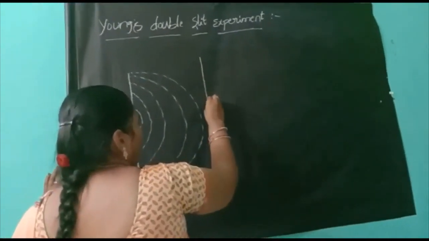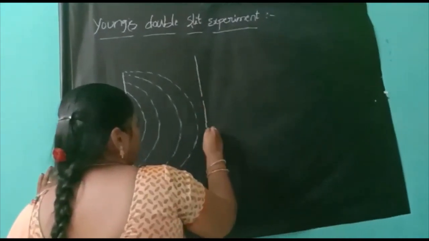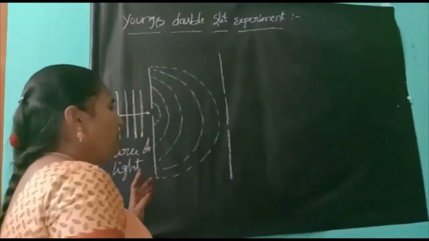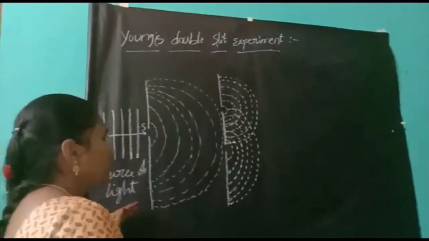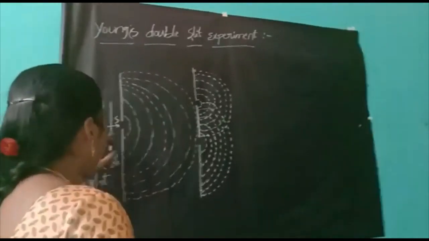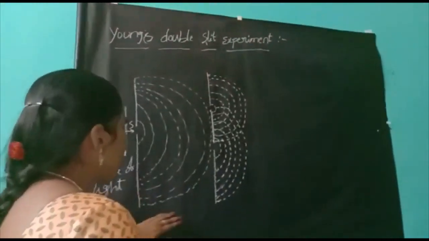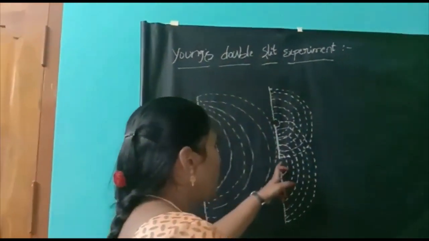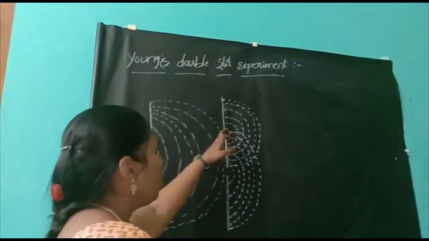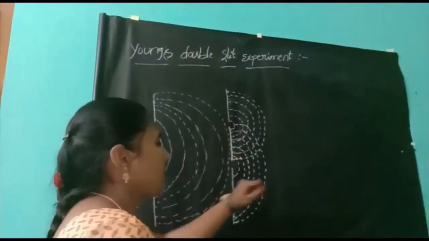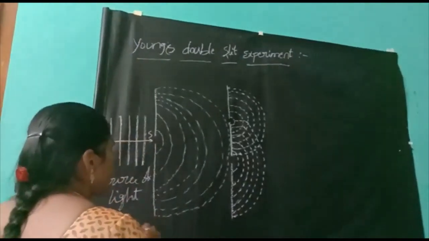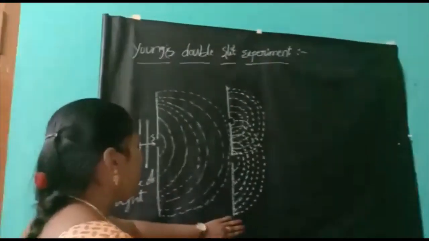Splitted into two parts. Whenever this splitted one passes like this to another, small slits. So it is the screen.